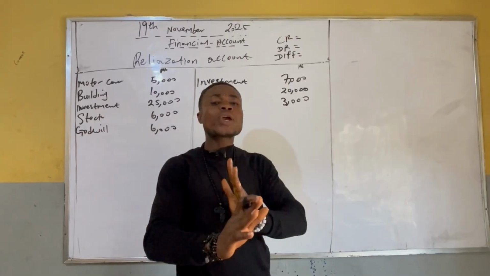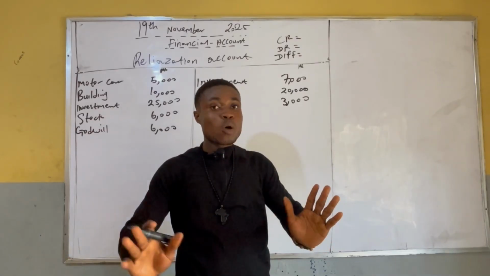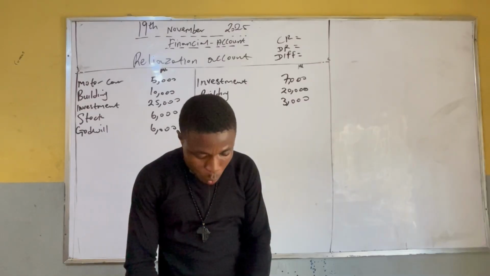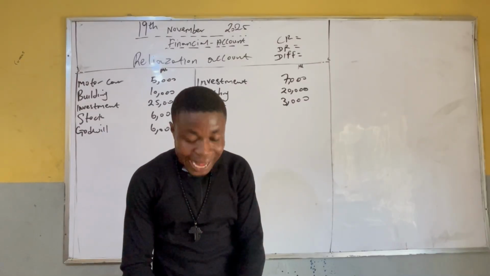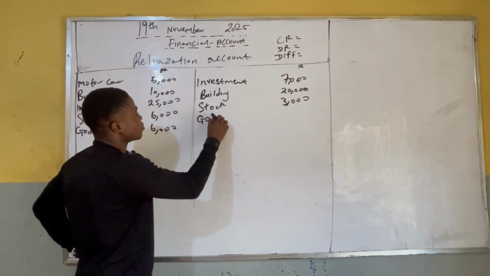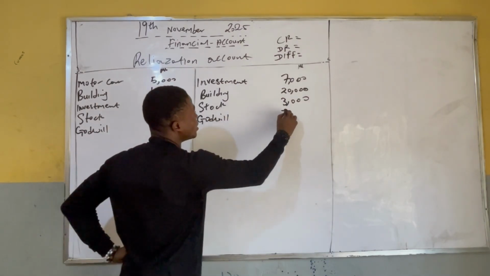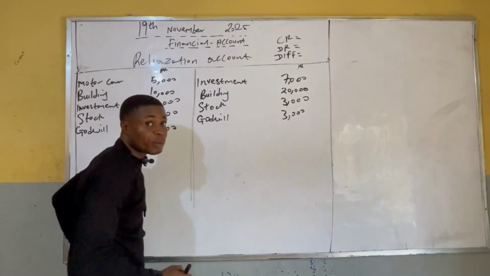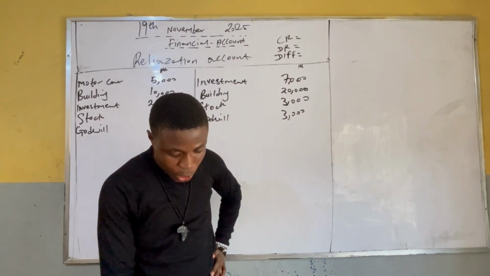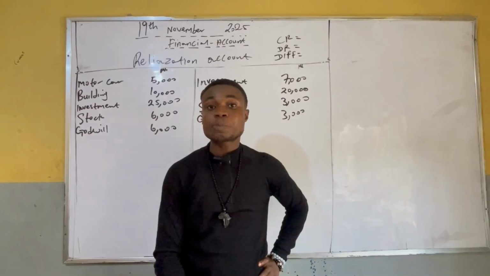We are done with creditors. Let's go to the next one. Goodwill was realized at 3,000 naira. That is goodwill, 3,000 naira. Are you following me? We have cost of dissolution, 1,000 naira was paid.